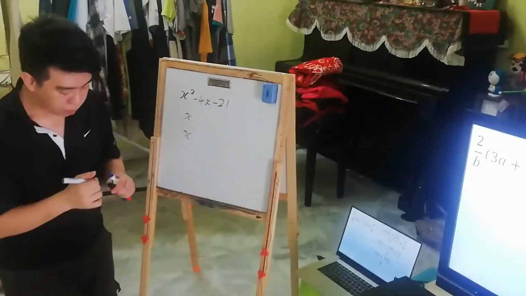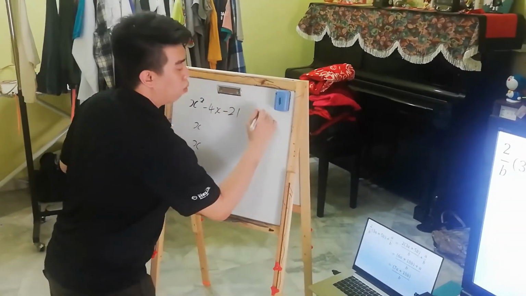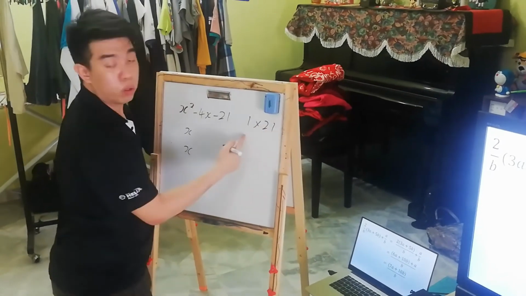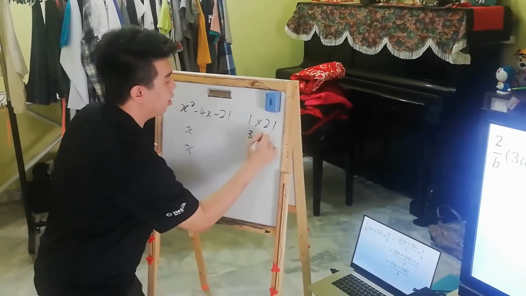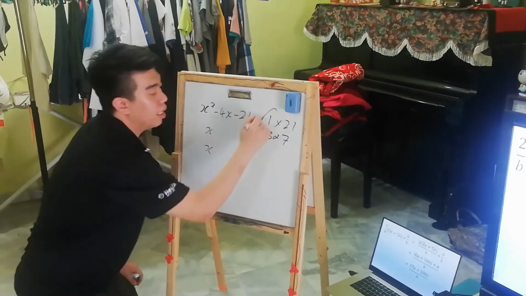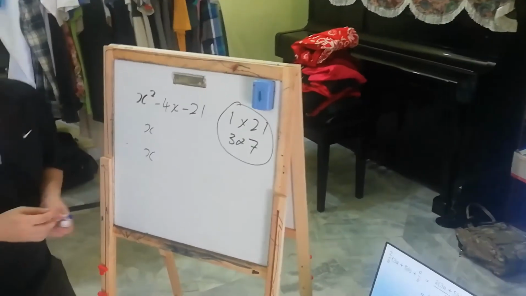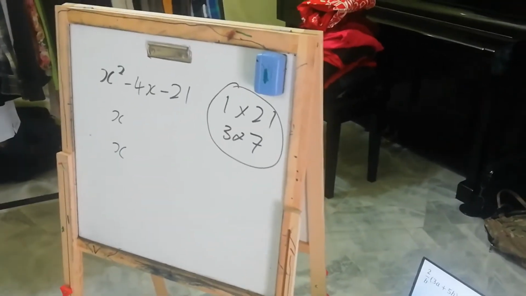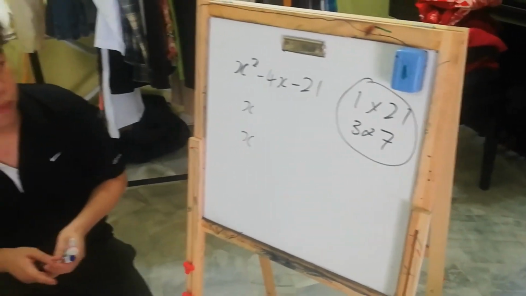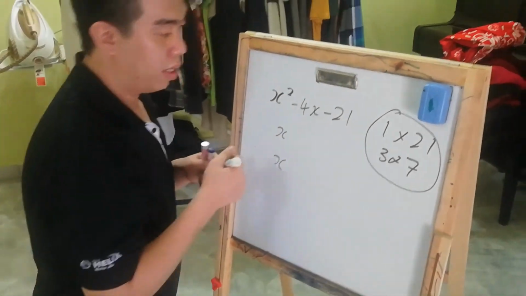So what are the multiples of 21? 3 times 7, 1 times 21. So 3 times 7. So in this case, how do you get negative 4? Using plus or minus? 7 minus 3. Yes, 7 minus 3. Or you want negative 4, so it's negative 7 and 3.